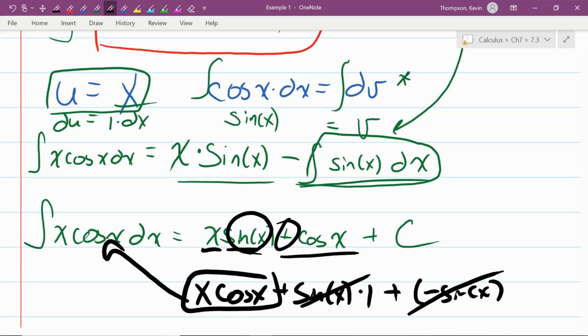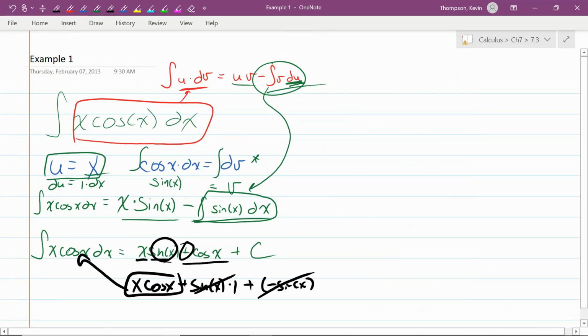Integration by parts. So how did I know that this was the correct substitution? It's this. It's a way to remember it. LIPET is what I say. There would be no way to know, right?